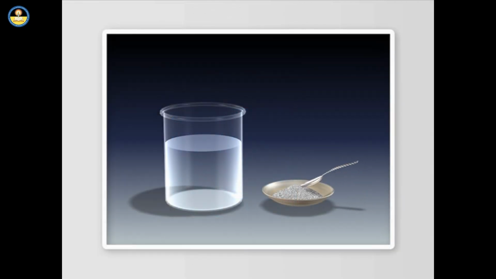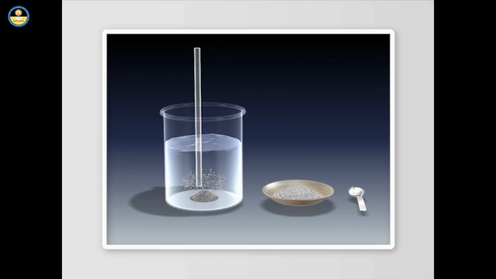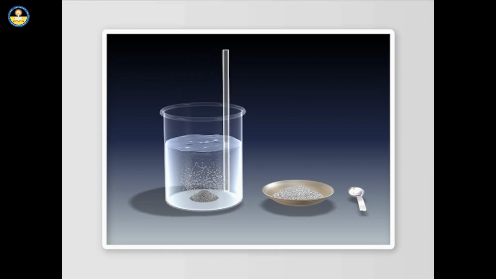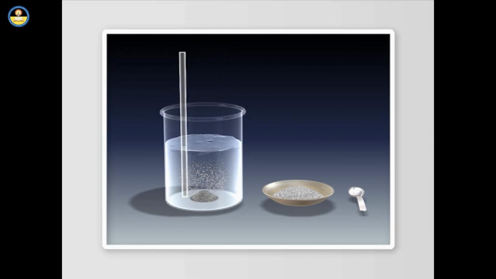Let us now perform a second activity. For this, we take some sand in a beaker. To it we add 50 to 100 milliliters of water. Next, we stir the solution thoroughly with the help of a glass rod and allow it to stand undisturbed for a few minutes.